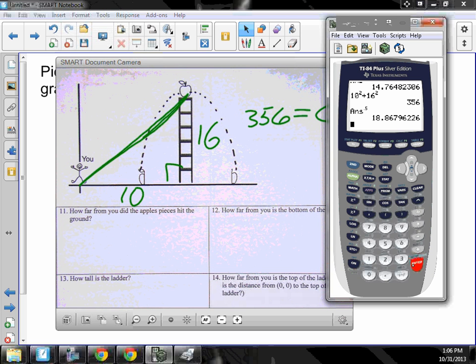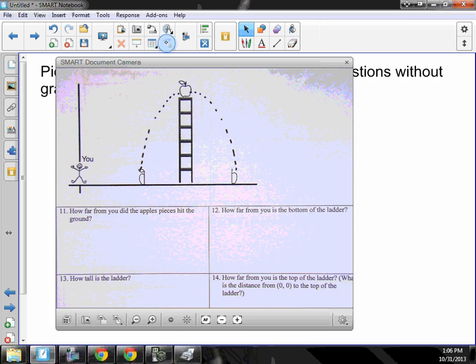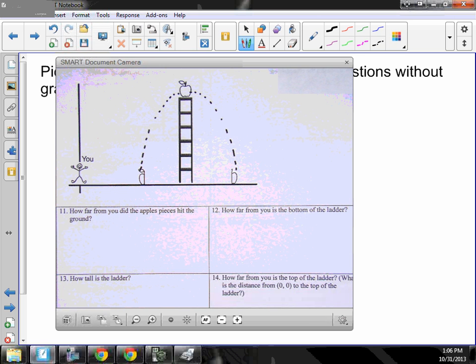So the distance is 18.8 feet. That's how far it is from where you're standing to the top of the ladder. Okay? Number 15 is harder than that. How far from where you're standing are the apples 7 feet off the ground?